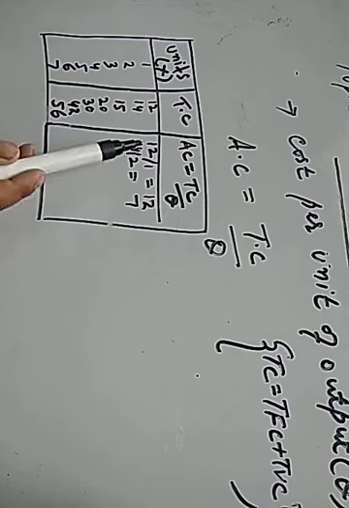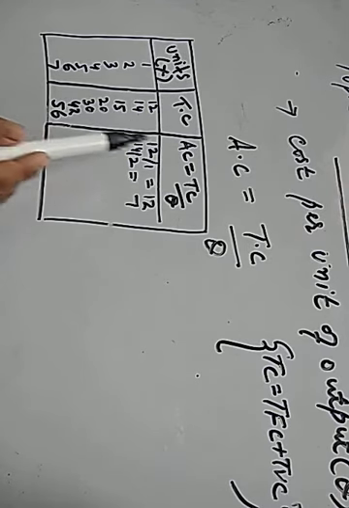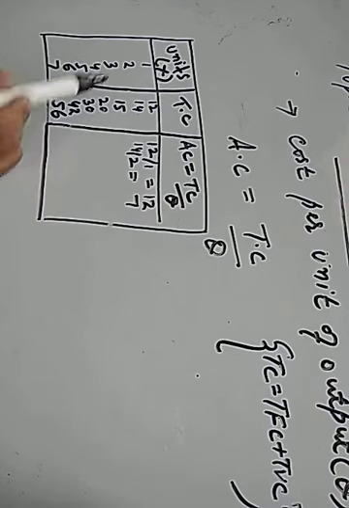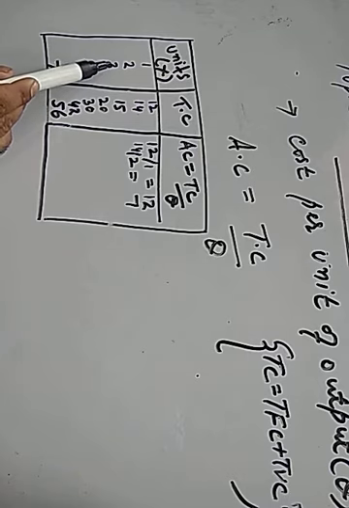Similarly, we can calculate the values of average cost from these combinations of different levels of output and different values of total cost.